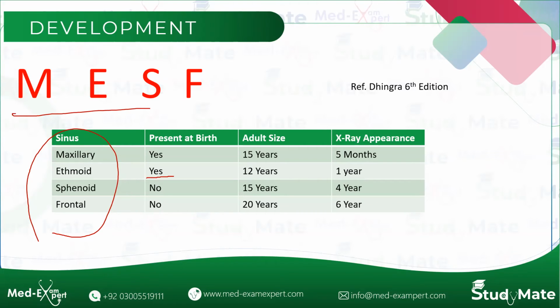MES stand for Messi and F stands for fan. M for maxillary, E for ethmoid, S for sphenoid and F for frontal. ये ऑर्डर है जिसमें पैरानेजल साइनसेस डेवलप होते हैं इन द इंट्रायूट्राइन लाइफ.